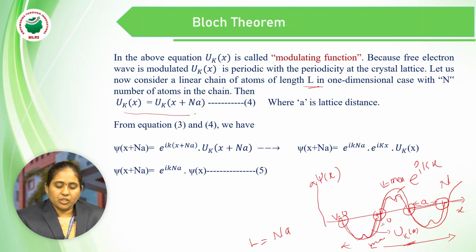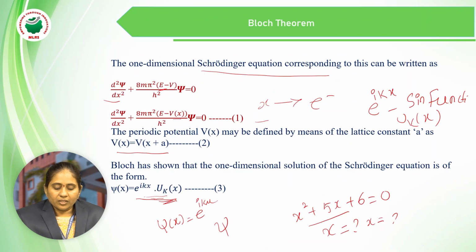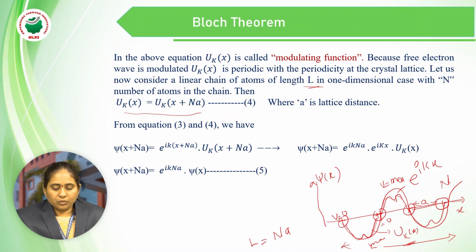Similarly, the modulating function can also be written as uk of x is equal to uk of x plus na. So from equations 3 and 4, what is 3? 3 is the wave function, the solution of the wave equation, that is e power ikx uk of x. And also what is 4? That is, if the particle is moving in the chain of atoms, what is 4?